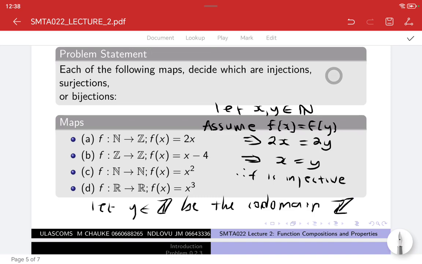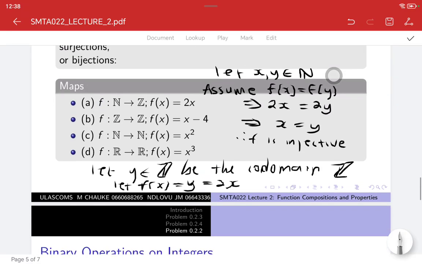Since we have this, we let f of x be equal to y, equal to 2x, and then we solve for x. When we solve for x, we get x equals y over 2. Now we check y over 2. Is y over 2 a natural number? Remember I took it from Z, right?